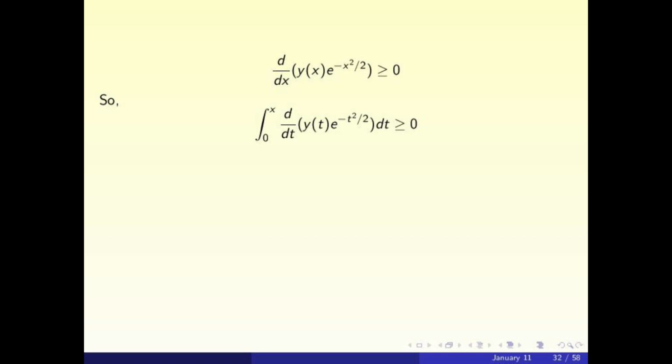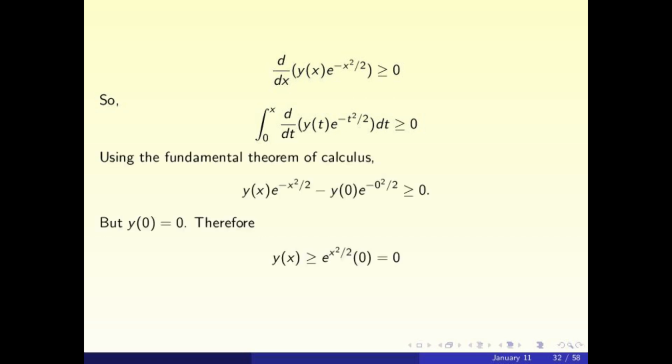Of course, in the definite integral, the variable is a dummy variable. So let's use the fundamental theorem of calculus: y(x) e^(-x²/2) minus y(0) e^(-0²/2) greater than or equal to 0.